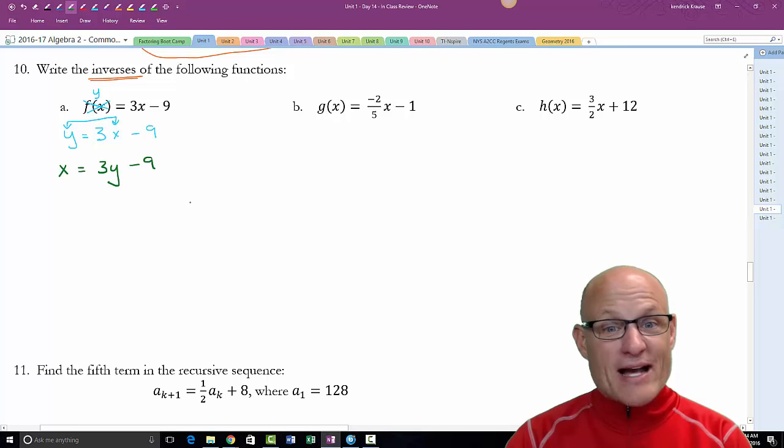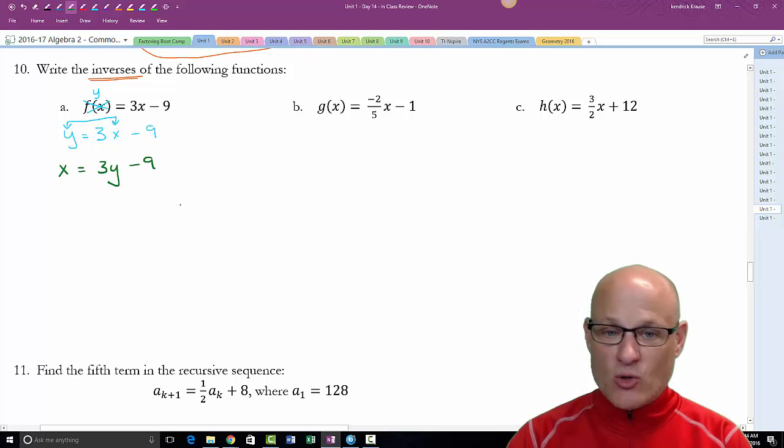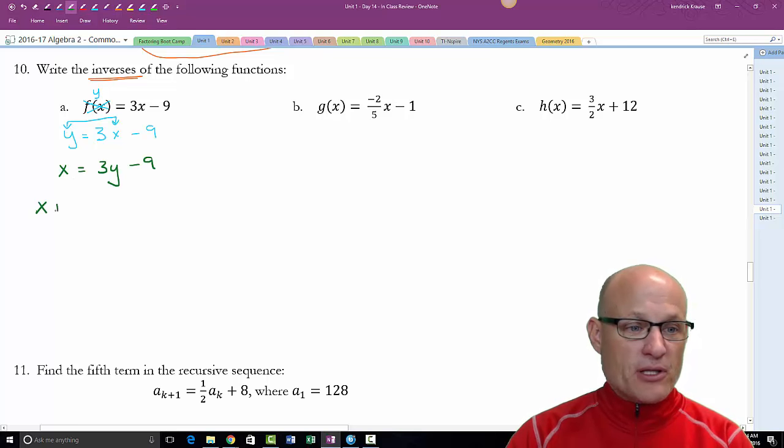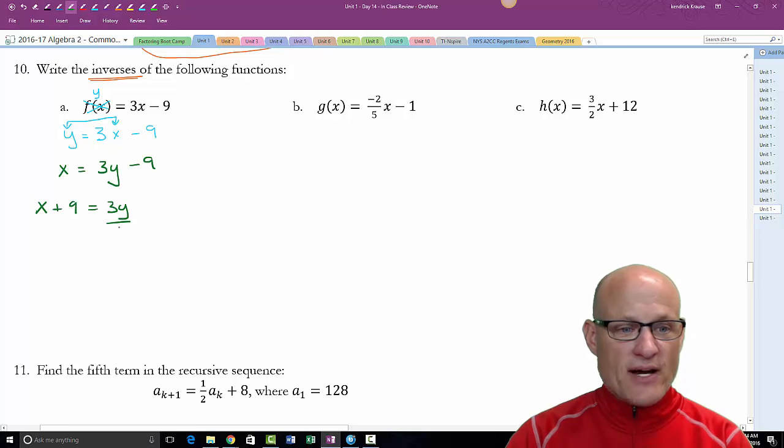Now, since my y is positive, I am not going to touch it. I'm going to move the 9 over, so I get x plus 9 equals 3y. And finally, divide by 3. So I end up with y is equal to x plus 9 over 3.